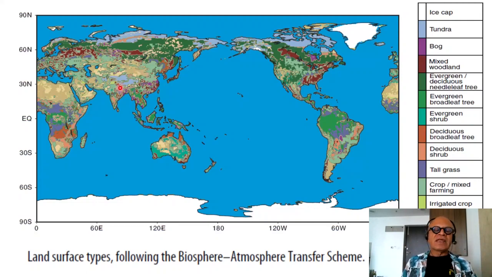And then if you want to do dynamic vegetation, where vegetation actually changes seasonally and interannually, and maybe in terms of response to global warming and so on, then it becomes much more complicated. But most typically the land use types are prescribed, and the simulations are carried out at least for short periods.